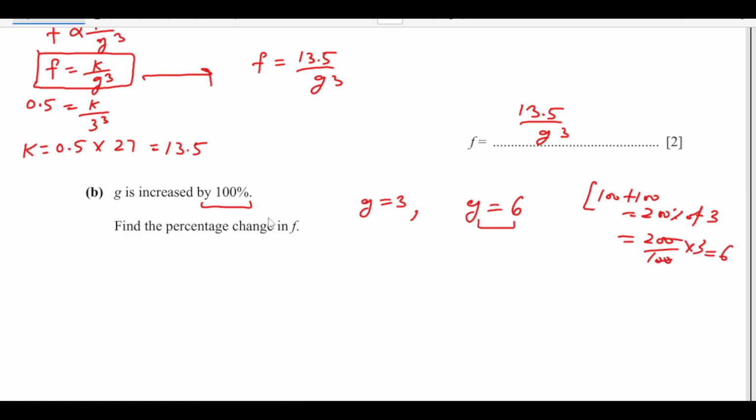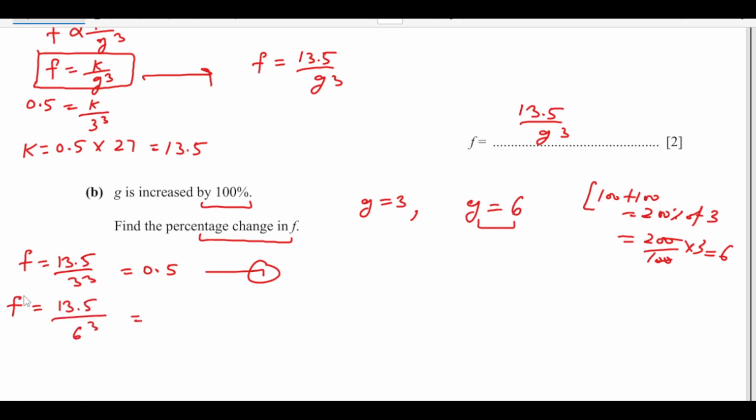When g is increased by 100%, find the percent change of f. So previously we had f as 13.5 over 3 cubed, right? When you calculate, this is 0.5. This is previously, right? Then after the change in g, this will become 6 cubed, right? So this is 13.5 over 216, which is 0.0625.